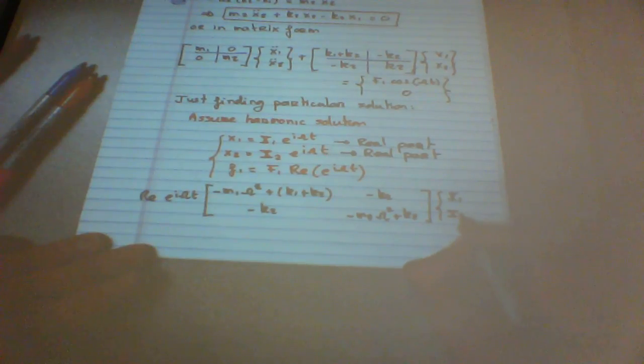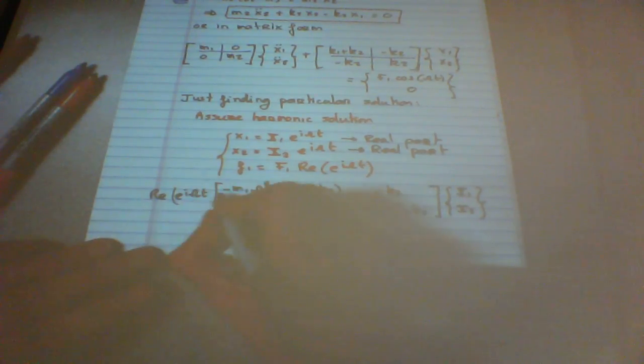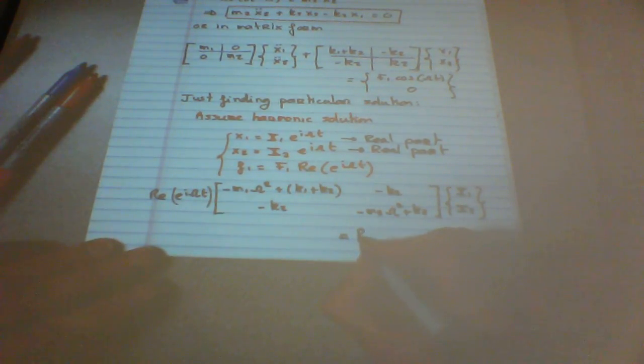And this should be equal to the real part of e to the i omega t times F1 and 0.